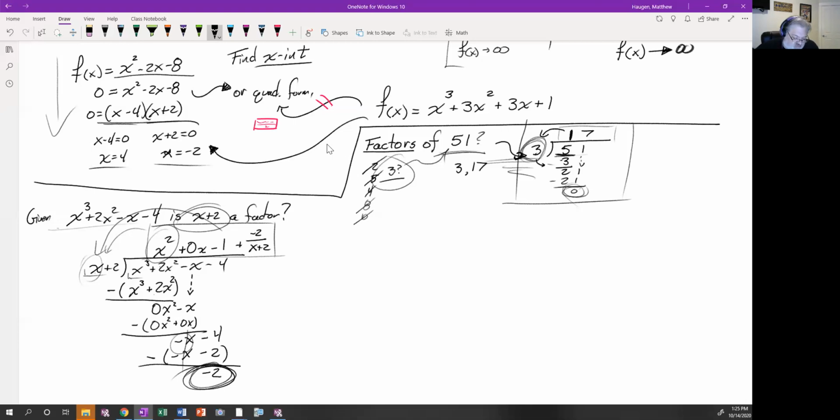So is x plus 2 a factor of that polynomial? No, it's not. So dividing polynomials in general is going to allow us to test and find factors, just the same way dividing allows us to test and find factors in division.